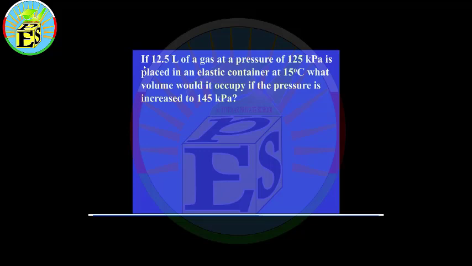If 12.5 liters of a gas at a pressure of 125 kilopascal is placed in an elastic container at 15 Celsius, what volume would it occupy if the pressure is increased to 145 kilopascal? At first I will write the given parameters.